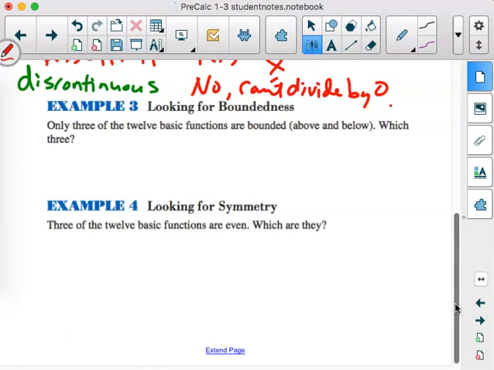Natalie, can you help out? Did you find one? Cosine, yep. Cosine. 1 is the top, -1 is the bottom. So then, Claire, does that help you find another one? Yeah, the sine. Yeah, cosine and sine.